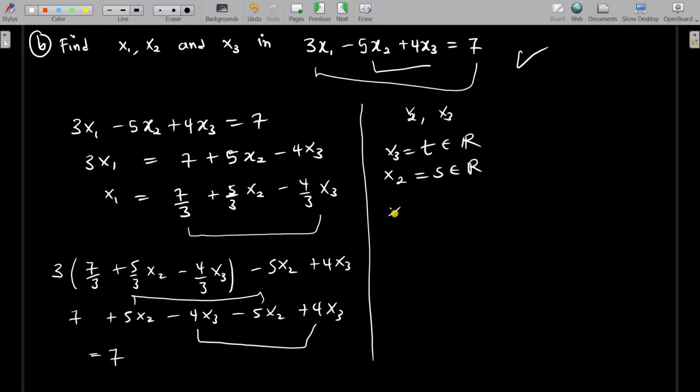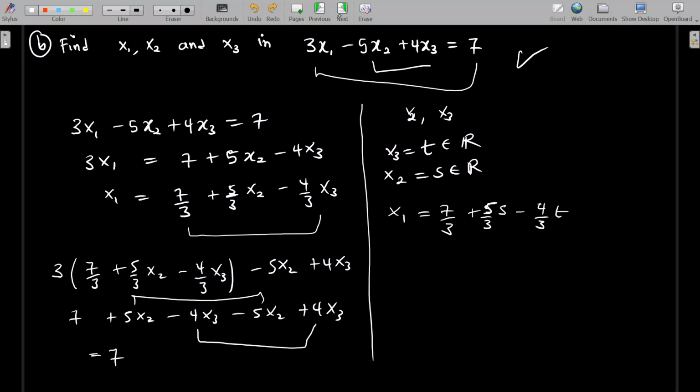So it means that x1 will always be equal to 7 over 3 plus 5 over 3 x2, where x2 is s, sorry, and then I have minus 4 over 3 x3, and x3 here is what? T. So note the difference. This is s and this one is t. All right, so that is the solution to this system.